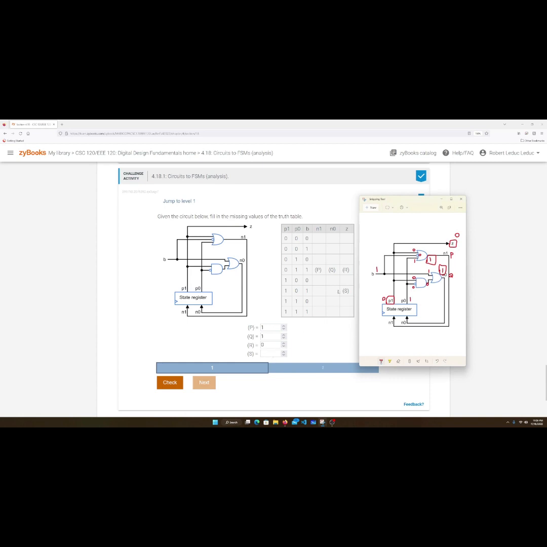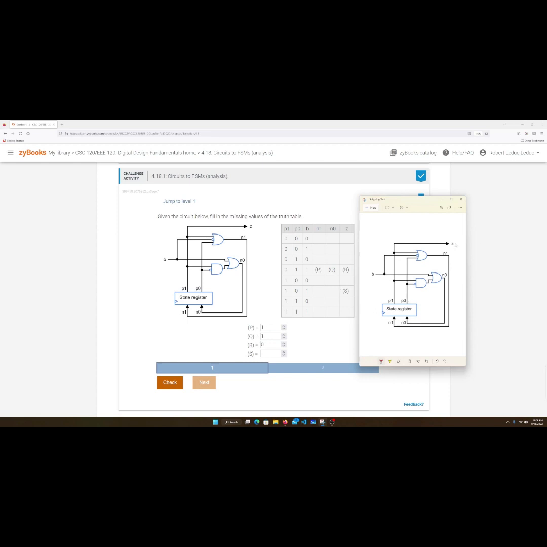Lastly, we'll find the value of S, down here. Just so it's less confusing, I'll reset that. Here we're only concerned with one of these values.